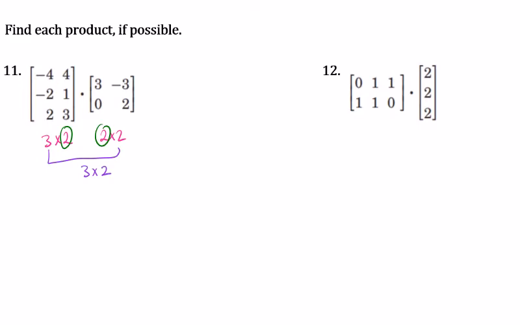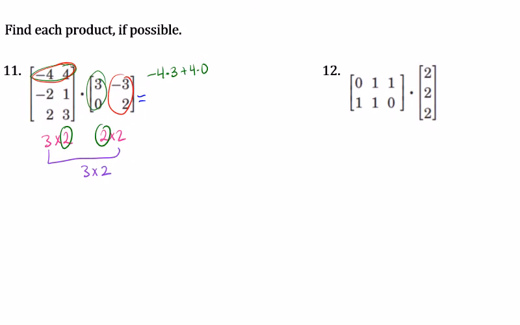All right, so let's see how this plays out. So I'm going to multiply this first row by this first column. So it'll end up being negative 4 times 3 plus 4 times 0. Okay, then we'll go first row, second column.